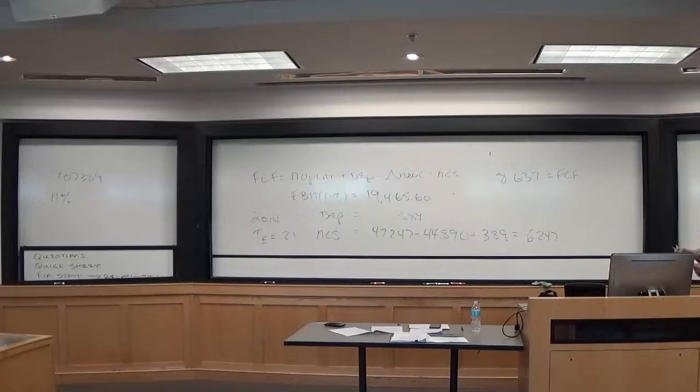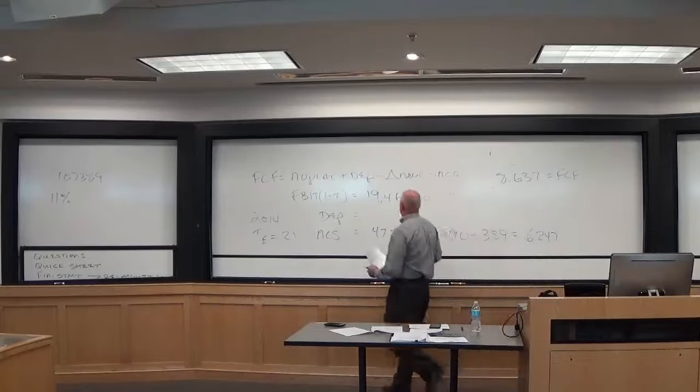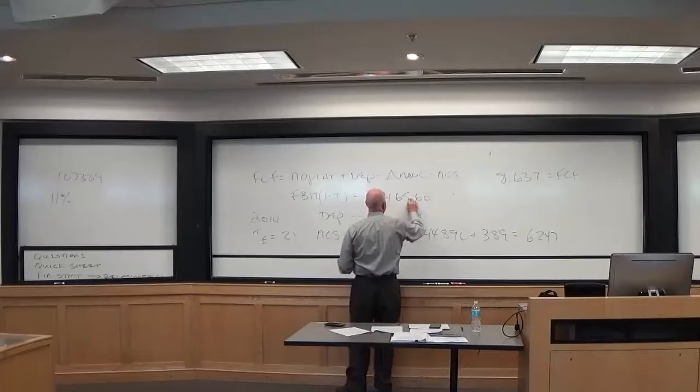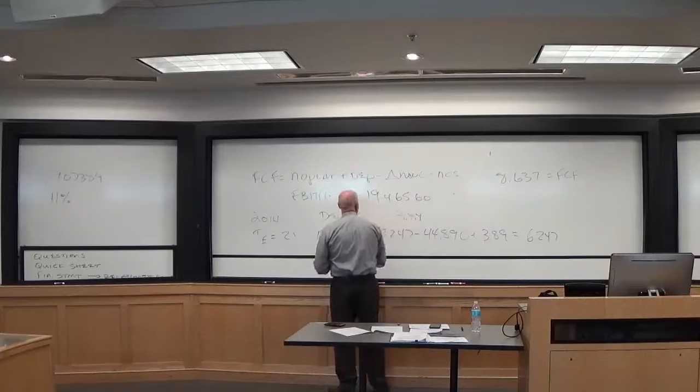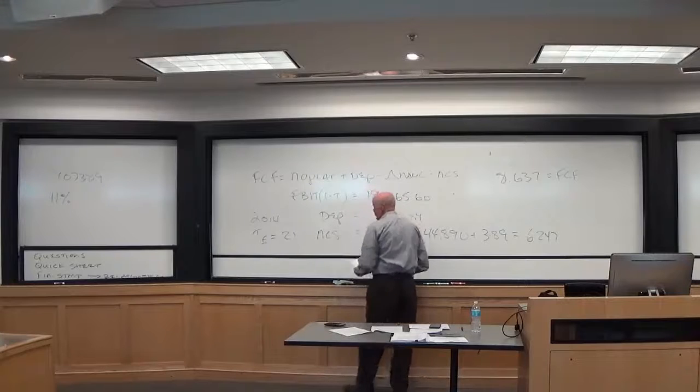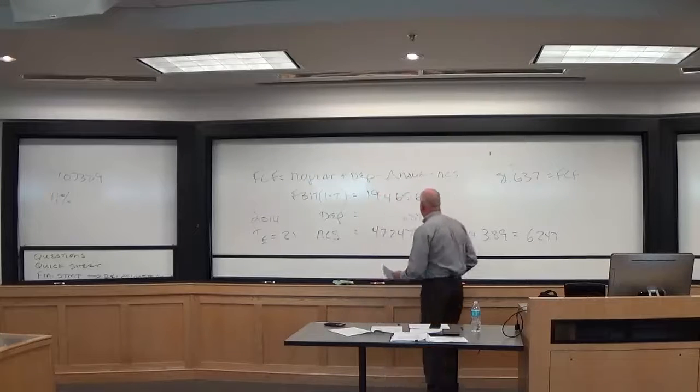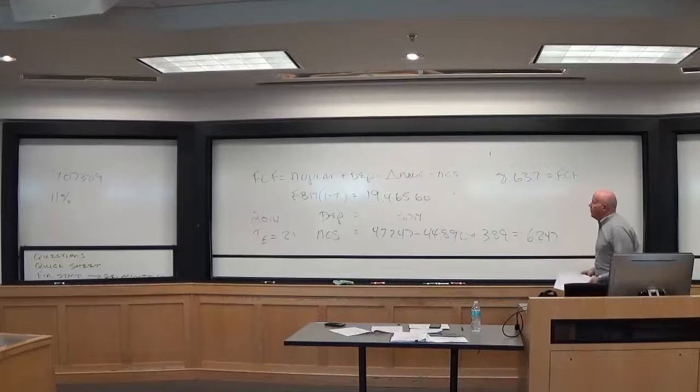Because we got that number from, ah, thank you. 19.4. So 19.4656 plus 3.89 minus 6.247 minus 8.472. And that's our free cash flow.